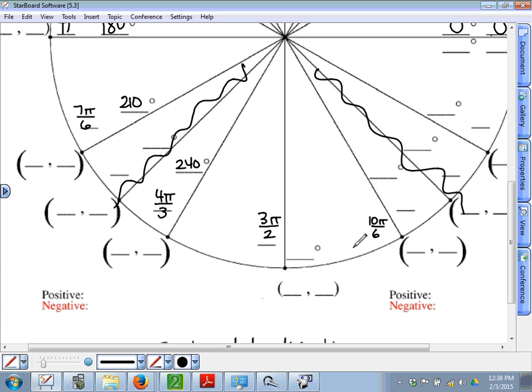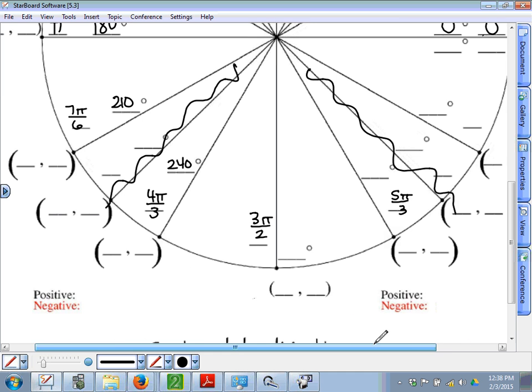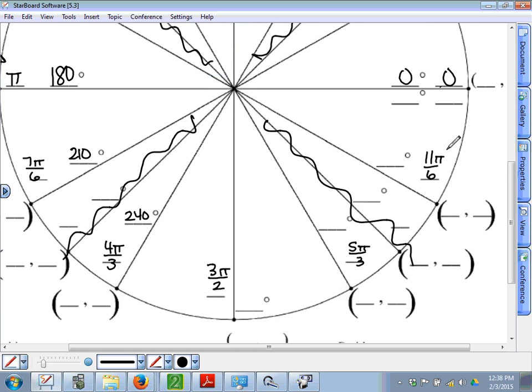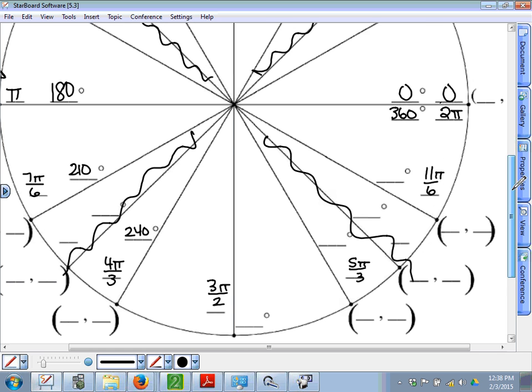But that's the same as 5 pi over 3. So we had 9 pi over 6, we had 10 pi over 6. Then we have 11 pi over 6. Well, I guess not finally. We have one more. 11 pi over 6 would become 12 pi over 6, which is 2 pi. And isn't that what we said a full circle is? Yeah. 360 degrees.